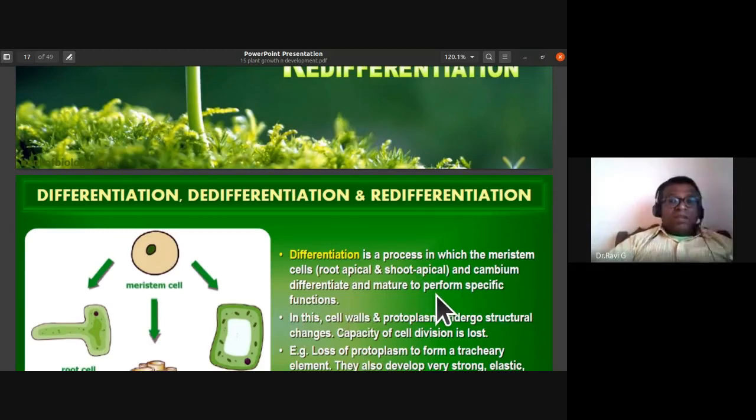That is, they lose their ability to undergo cell division, and they form the permanent tissue. The meristematic cells, that is root apical, shoot apical and cambium, lose their ability to divide and mature to perform specific functions.